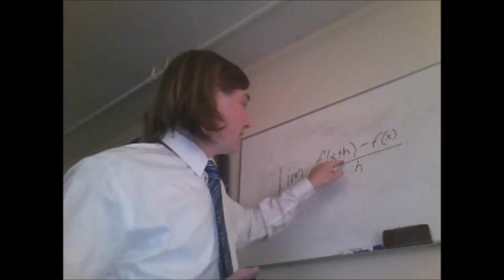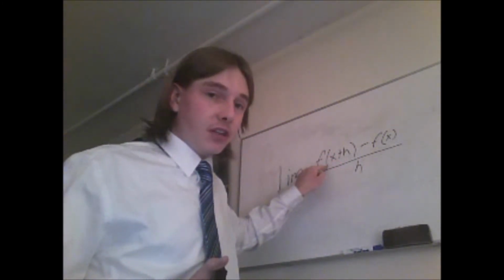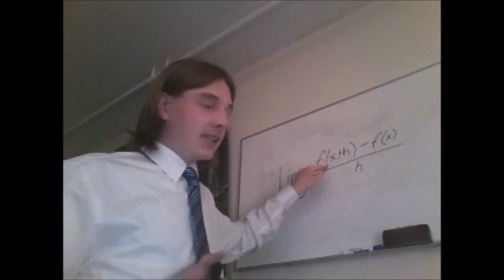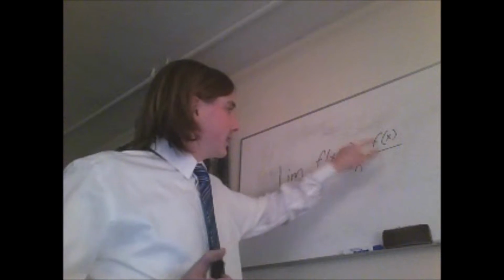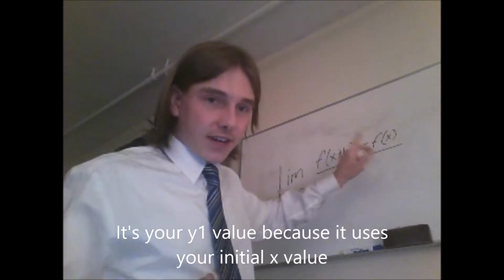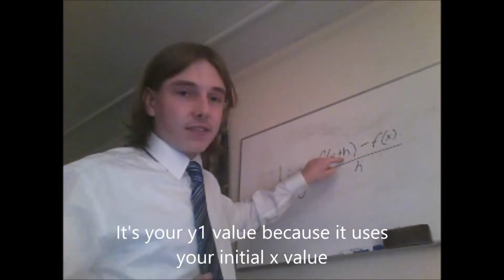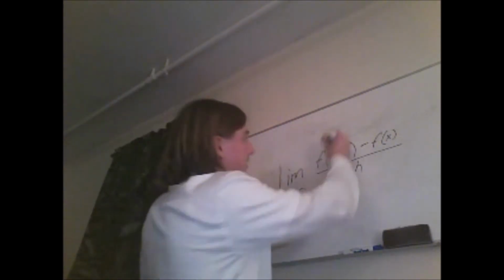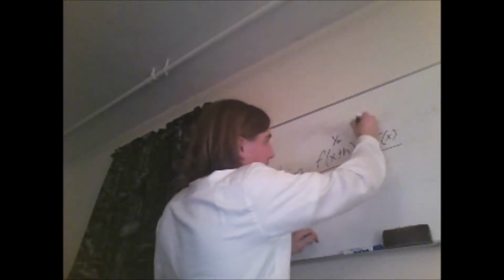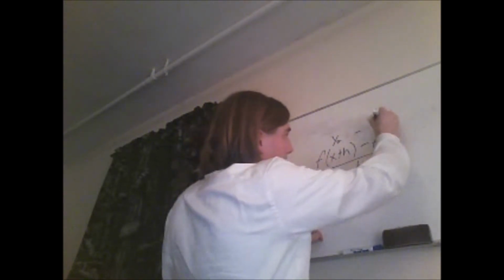And so if you plug that new x value into the function, you'll get a new y value. We'll call that y2. That's y1. That's your initial x value before you added the difference. So really you can write it as y2 minus y1.